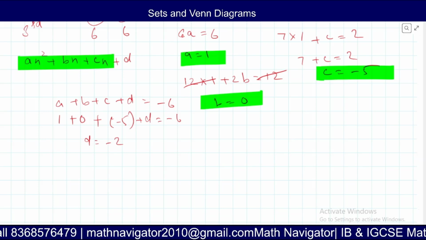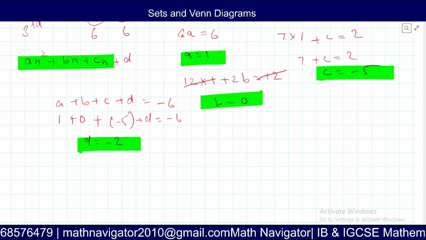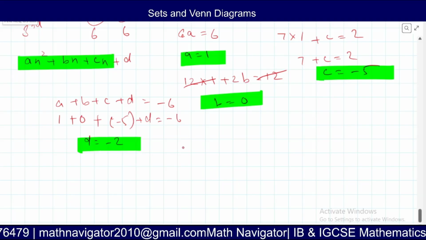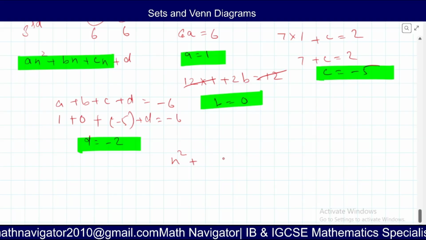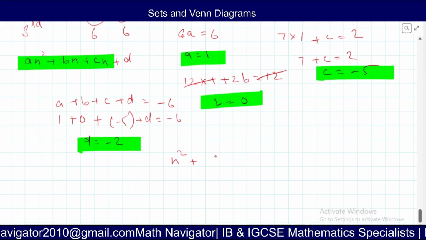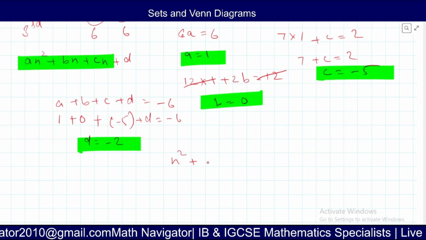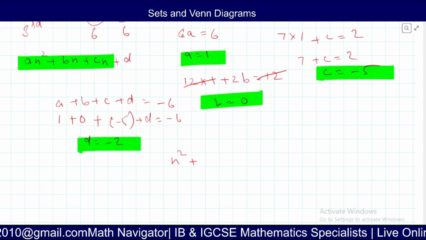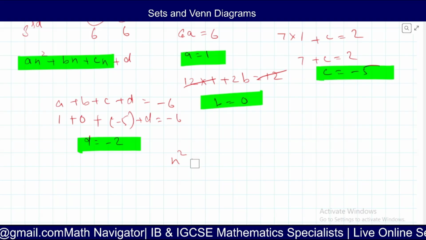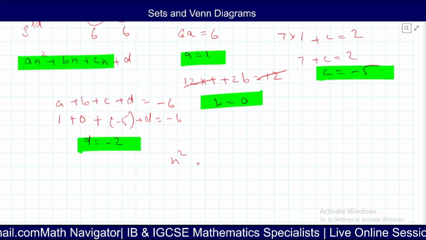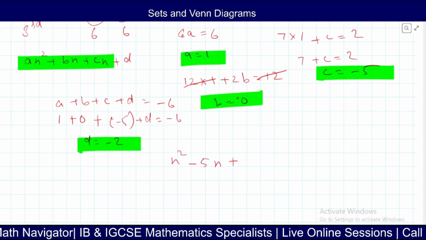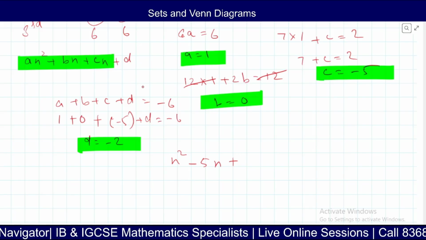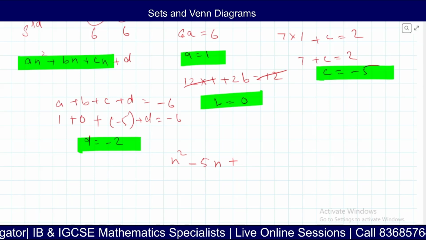Perfect. A, B, C and D. So now n squared plus 0n. So I'll not write 0. C is negative 5. So I'll write negative 5n plus d. D is negative 2. So I'll write negative 2 here.